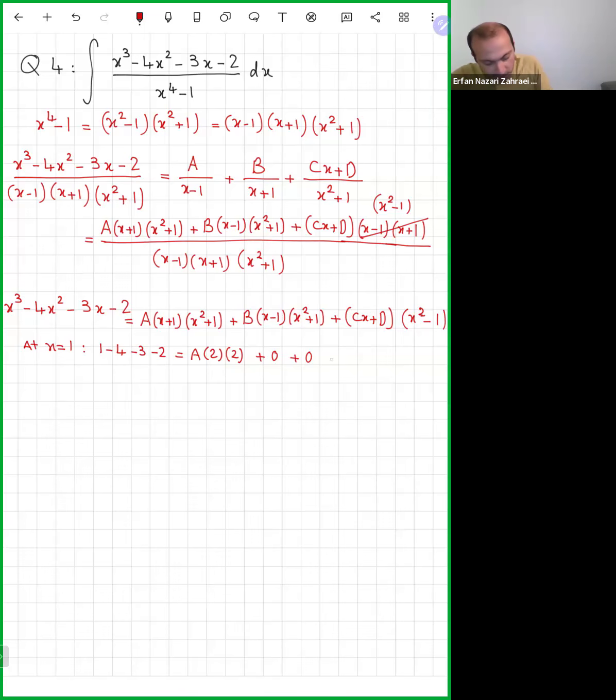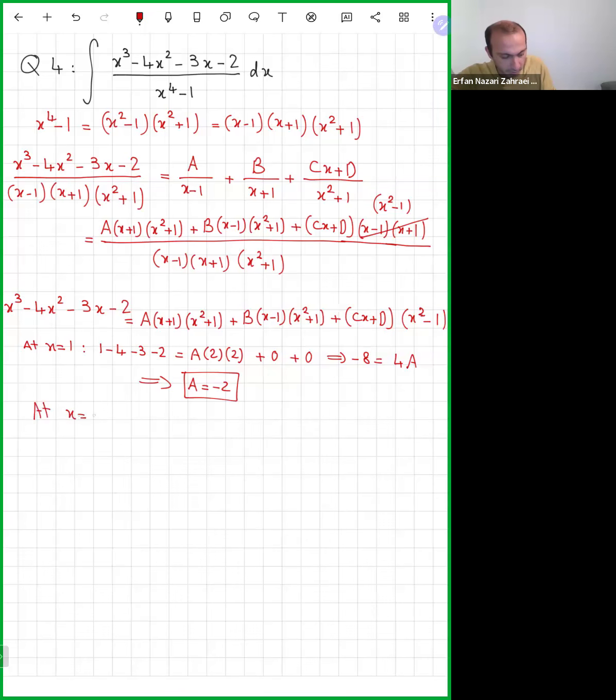So you get negative 8 equals 4a. Hence, a is negative 2. I found one of the unknowns. For the other linear term, I do the same thing and I find another unknown.